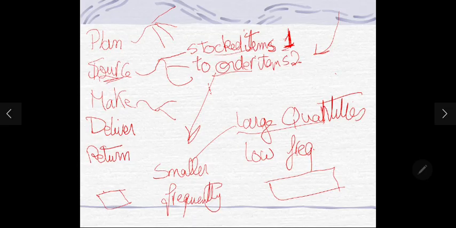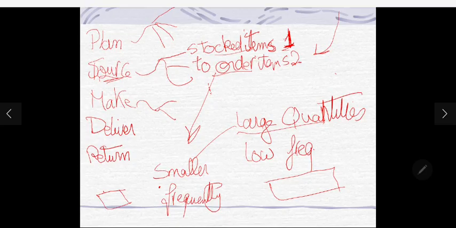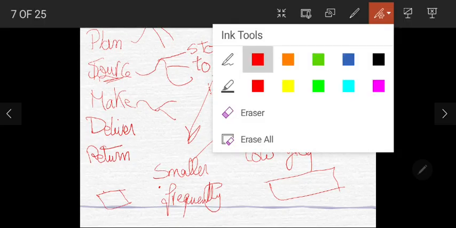So let me revise this once again. When you need to analyze any step you're doing in a supply chain, for example, we're making a product here. This is the step of production.